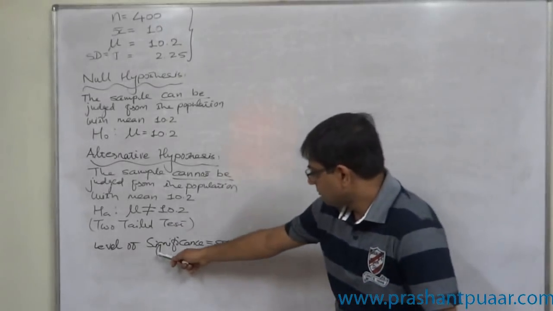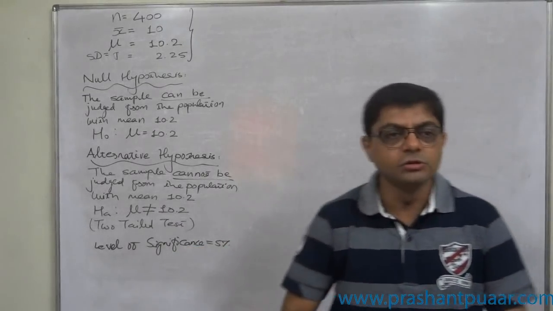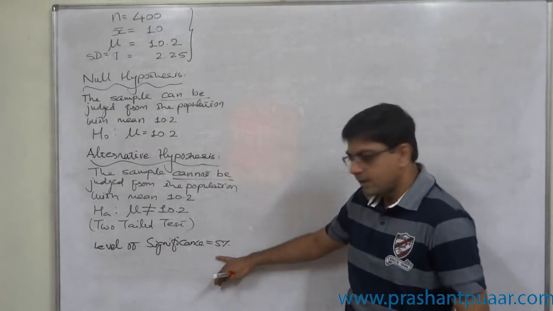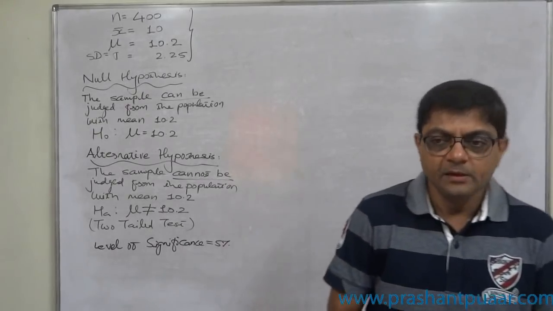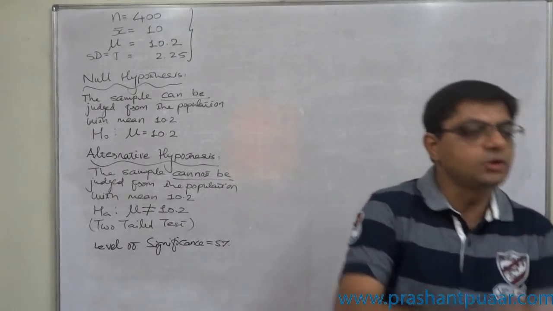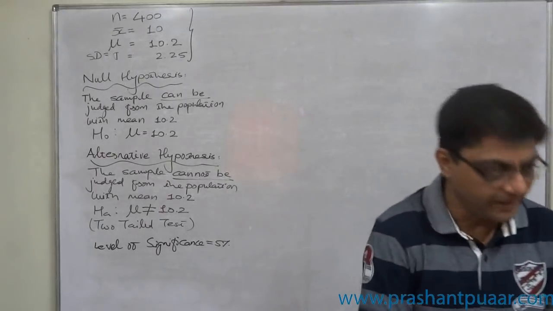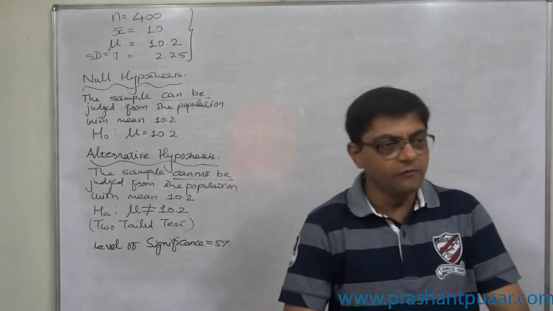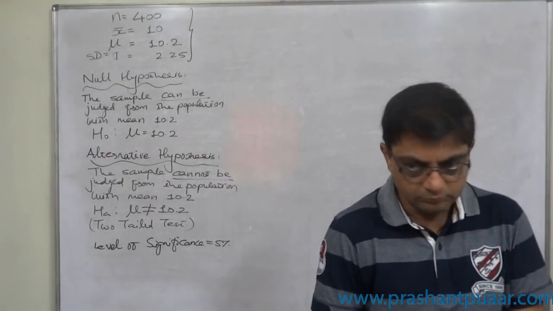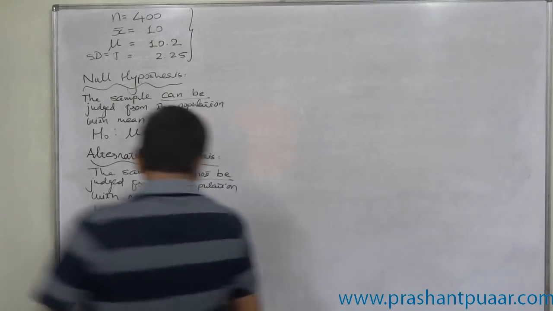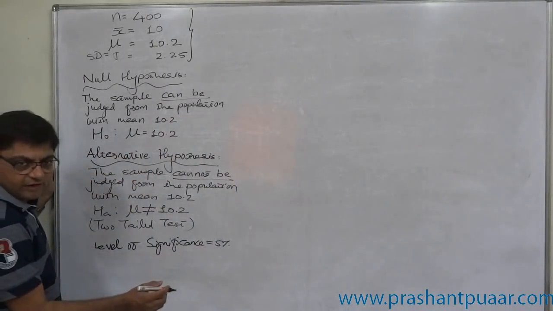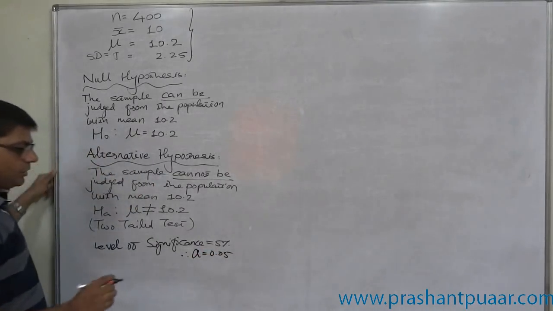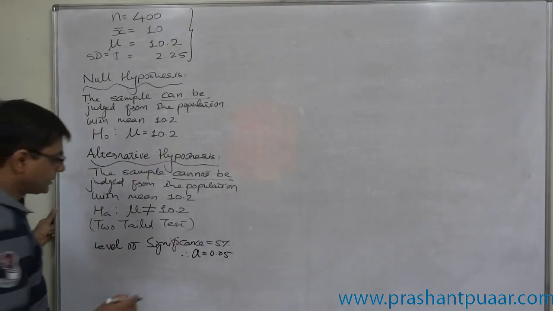So level of significance is the probability of rejecting a true or correct null hypothesis. The sign is alpha. 5% means 5 by 100, that means alpha is 0.05.